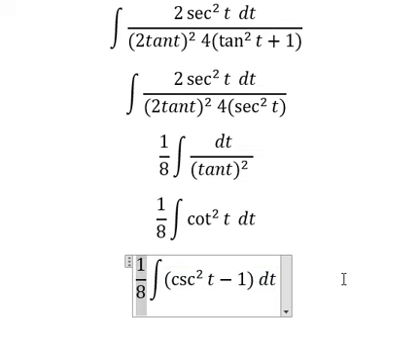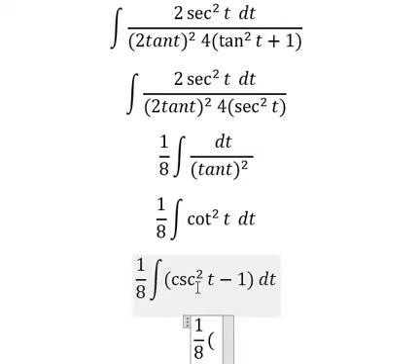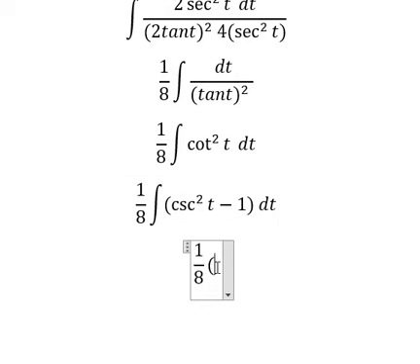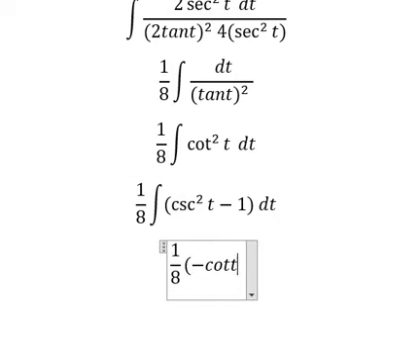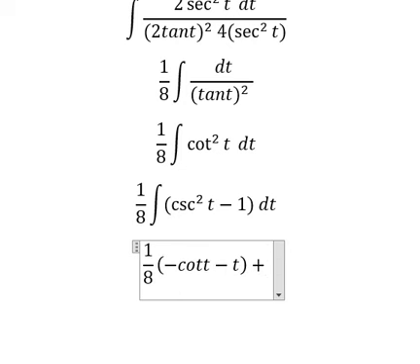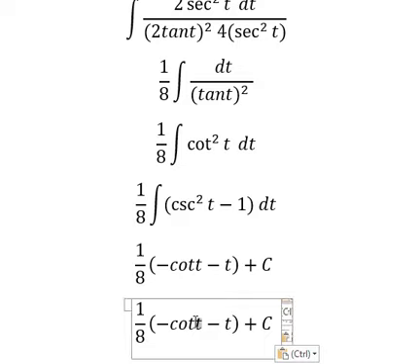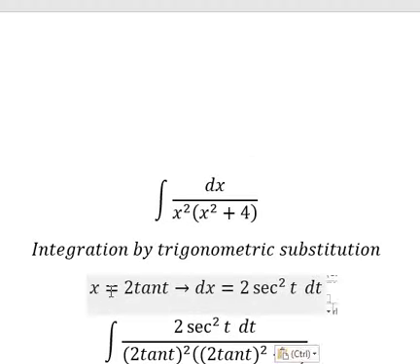So the integration of this one is negative cosine of t, the 1 becomes t, and I will put c. About t, that is this one.